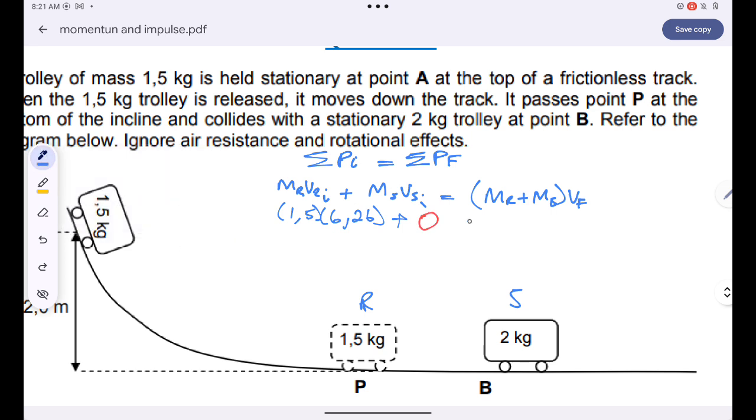Okay, and then when they are combined, just 1.5 plus 2 multiplied by VF. 1.5 multiplied by 6.26, what do we get? On the right hand side, you'll simply have 9.39 being equal to 3.5 VF.